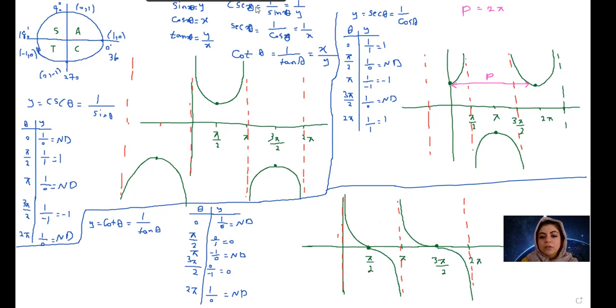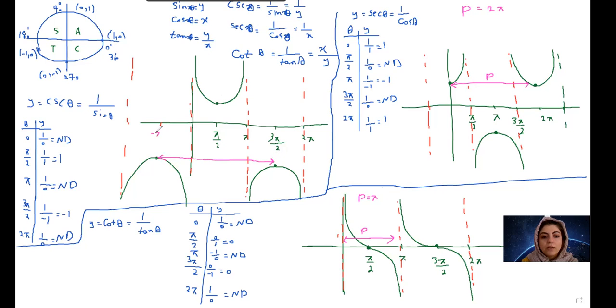As you see the period here, this is repeating. From here to here is the repeating part. So the period is pi. The same thing, see, from minimum to minimum is your period, or from maximum to maximum.